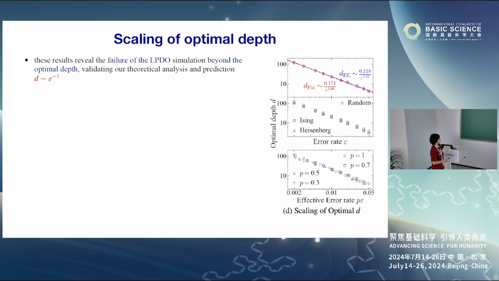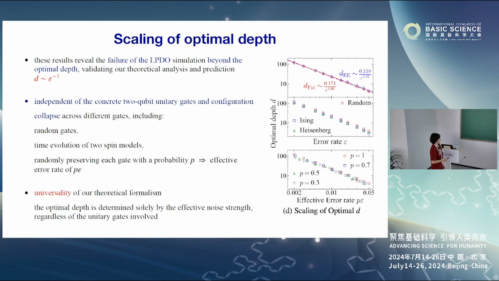So this result reveals the failure of LPDO simulation beyond the optimal depth, and the prediction is that this optimal depth should be anti-proportional to the error rate. Namely, when the depth is smaller than this, LPDO can be used, and when the depth is larger, LPDO cannot be used.